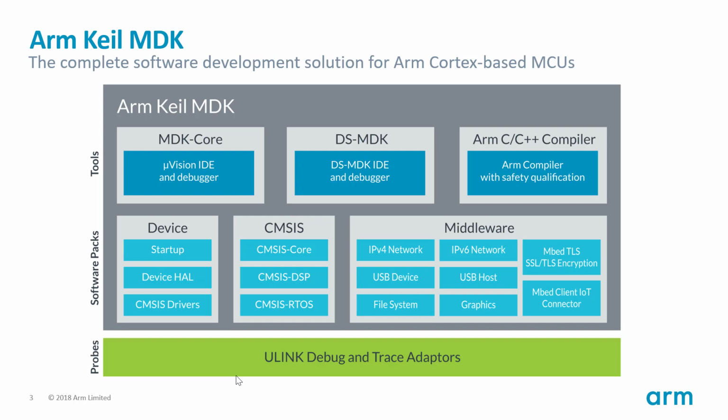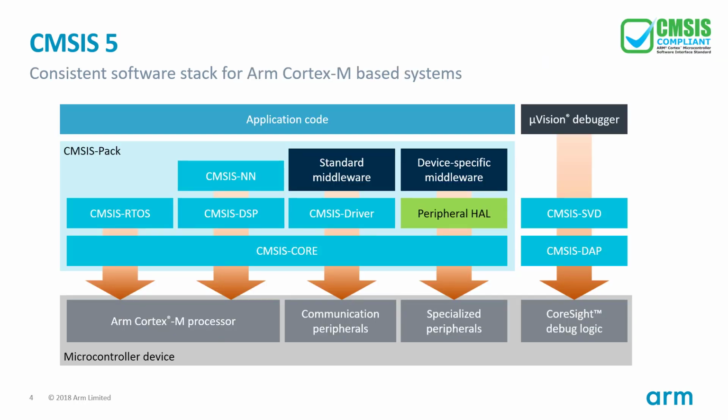Now a bit more on the software packs that we use in MDK. Here we follow the Cortex-M software interface standard, CMSIS. It increases your productivity by providing a unified API to access generic processor resources. It has, for example, CMSIS-DSP for digital signal processing and CMSIS-RTOS for managing a real-time operating system.